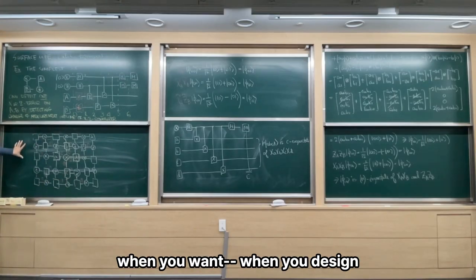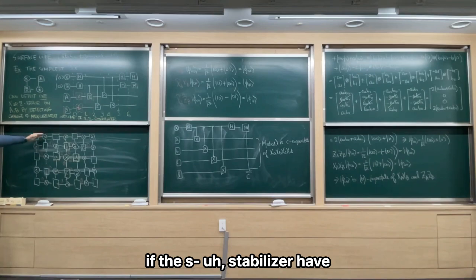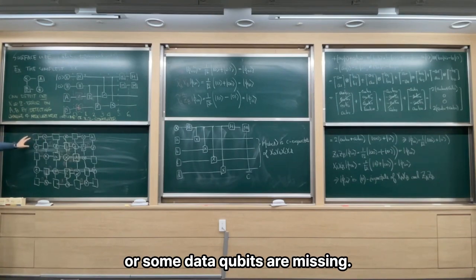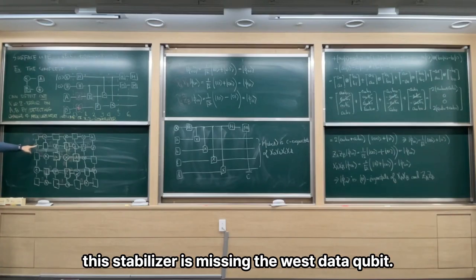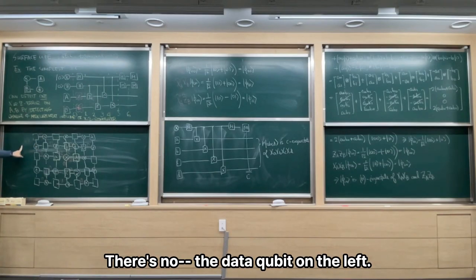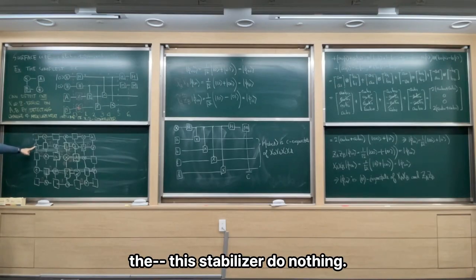When you design the surface code, you have to be careful whether the stabilizer has all 4 data qubits attached or some data qubits are missing. In this case, this stabilizer is missing the west data qubit. There's no data qubit on the left. So in the first stage, this stabilizer does nothing.